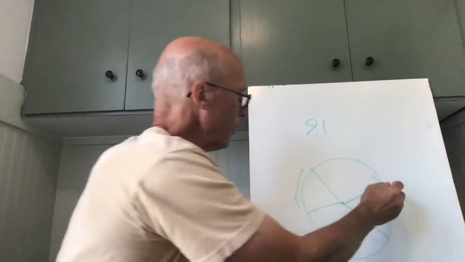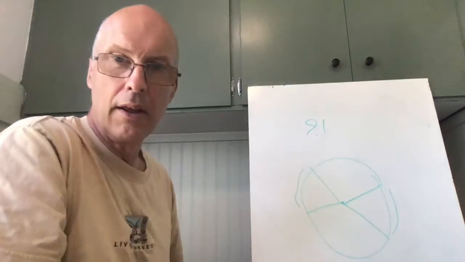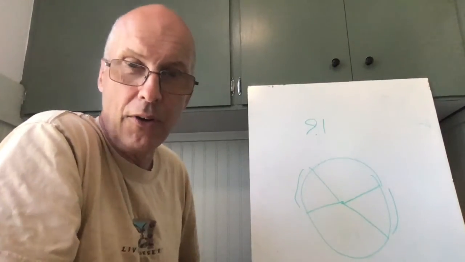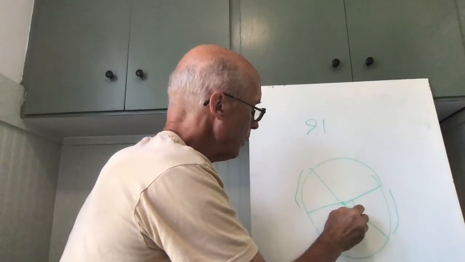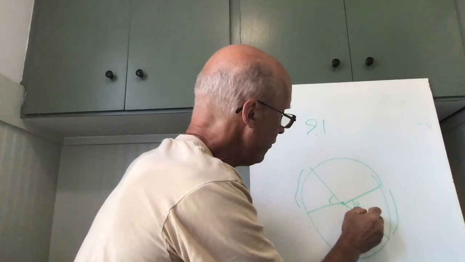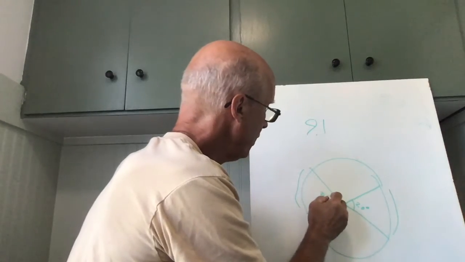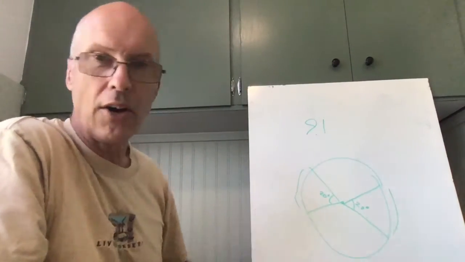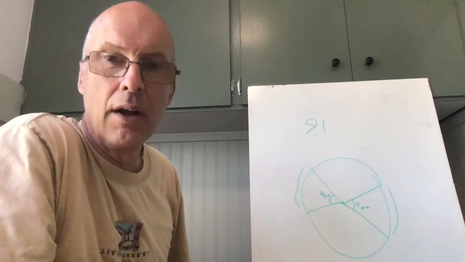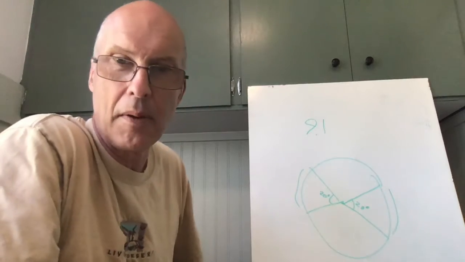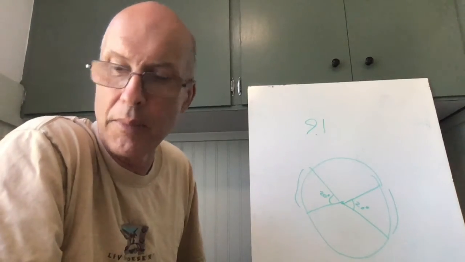These two arcs are going to be congruent if and only if they carve out the same number of degrees. So this is 20 degrees. This is 20 degrees. I know that these two arcs are congruent. Also, if I know those two arcs are congruent, then I know these are going to be the same number of degrees. That's theorem 9.1.